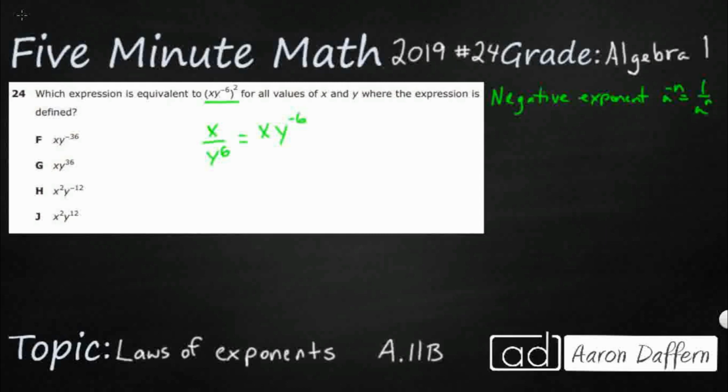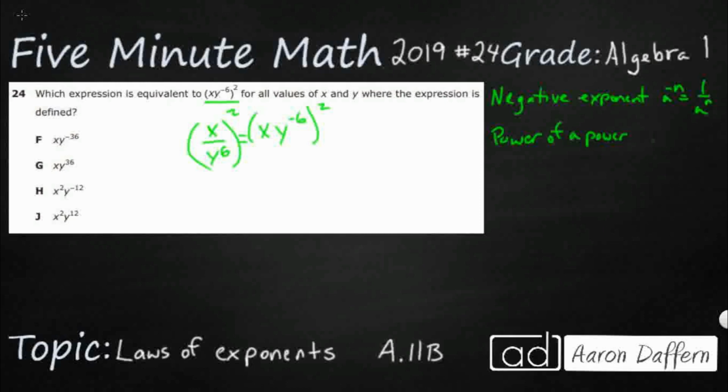Same thing. Now, what we need to do here is square both. So this is what we call the power of a power. This is also on your mathematics chart or your reference materials.